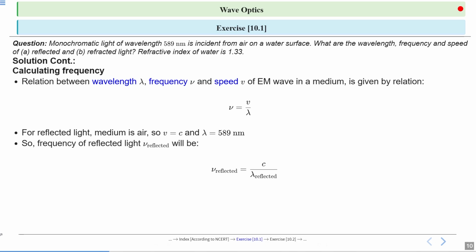So now let's calculate the frequency of the reflected light. Using the formula, frequency is equal to the speed of light in air, that is c, upon the wavelength of reflected light, that is lambda reflected.